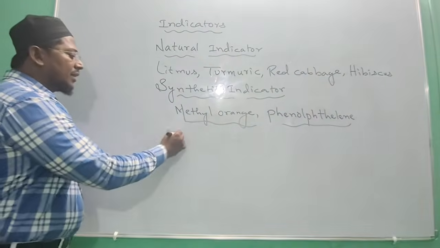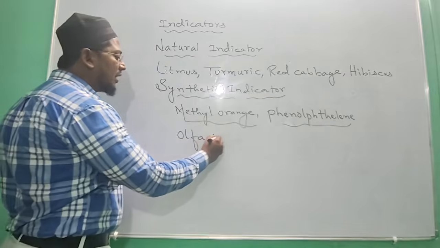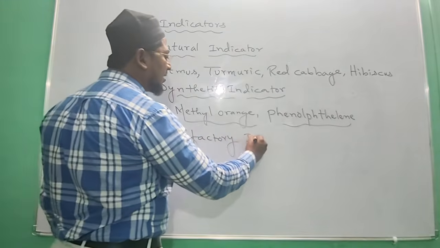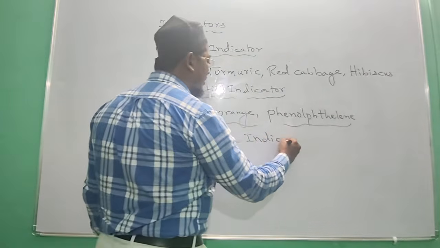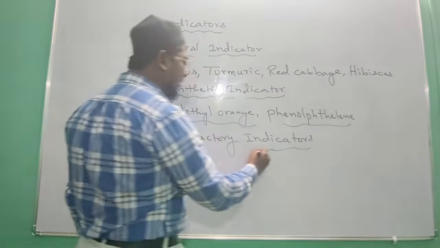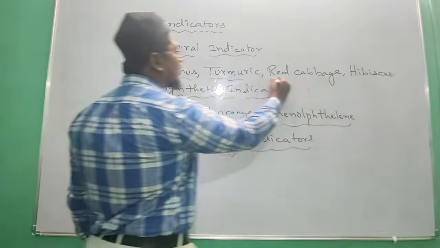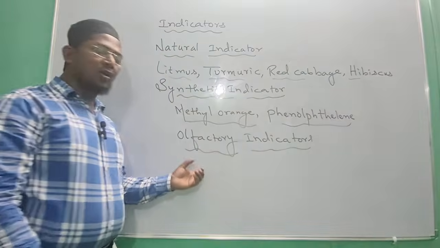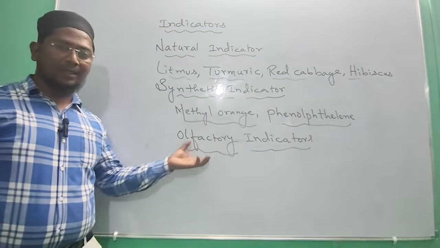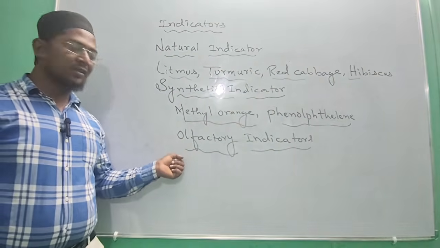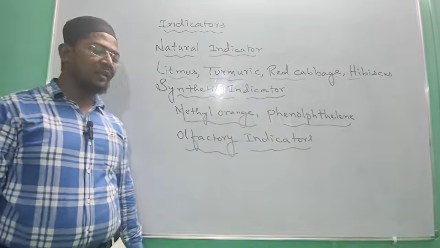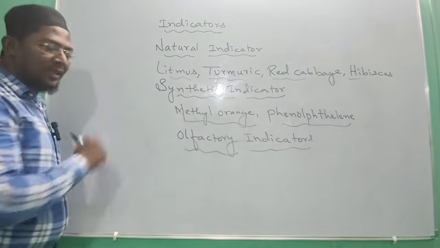The third one is olfactory indicators. What is the meaning of olfactory indicators? We indicate acid or base with smell, and that is known as olfactory indicators. What are the olfactory indicators?